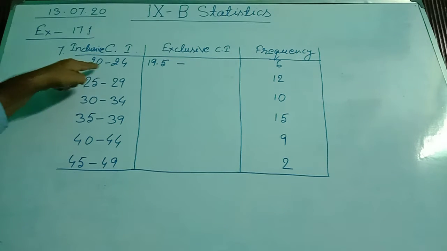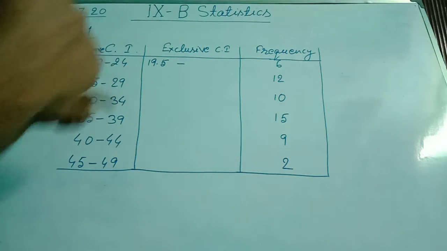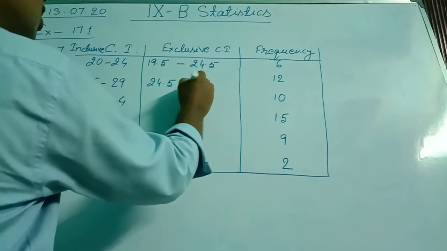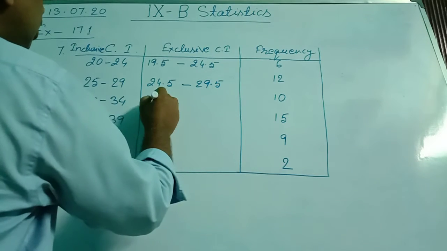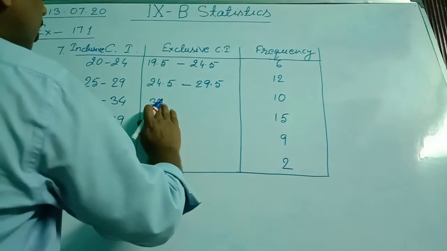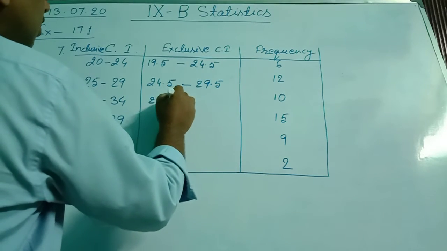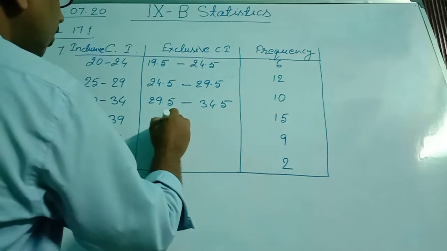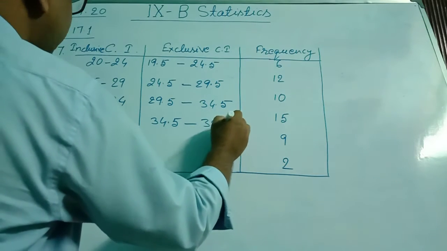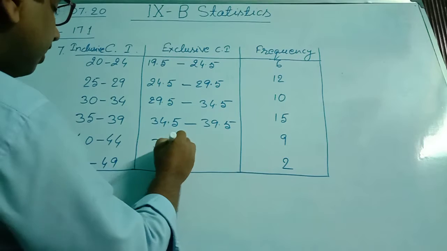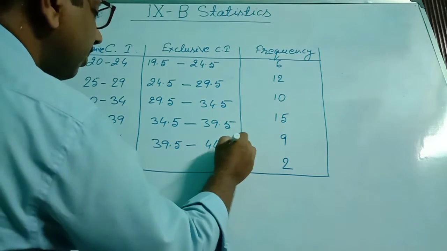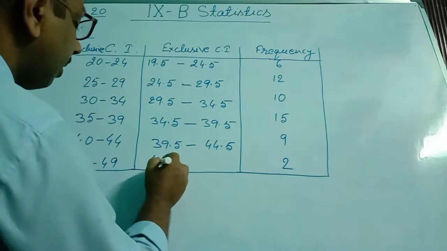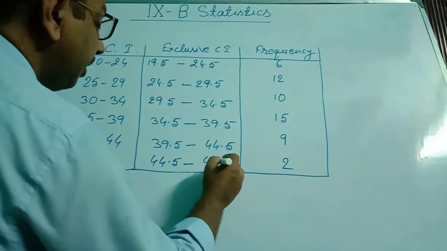In this way, the first class interval will be 19.5 to 24.5, second will be 24.5 to 29.5, third will be 29.5 to 34.5 and 34.5 to 39.5, 39.5 to 44.5, and the last is 44.5 to 49.5.